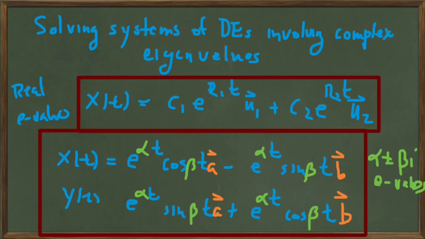Those vectors A and B aren't quite the eigenvectors in this case, but they come from the eigenvectors. So let's take a system that will have complex eigenvalues and eigenvectors, and see how to solve it. See how to find the alpha, the beta, and then the A and the B.